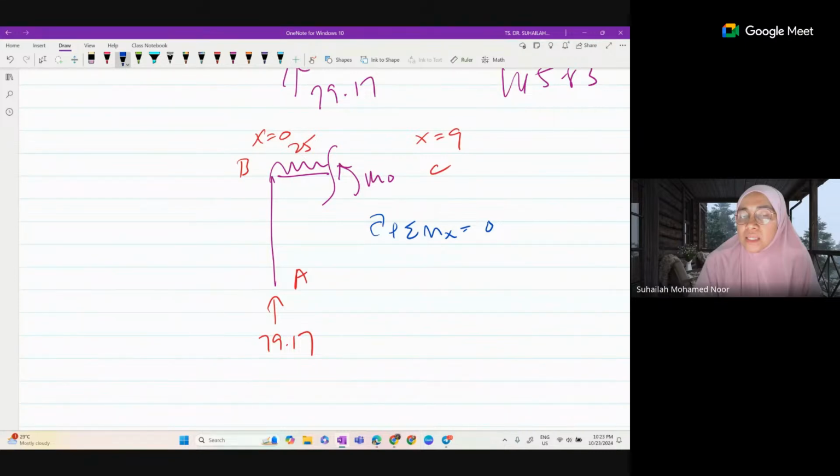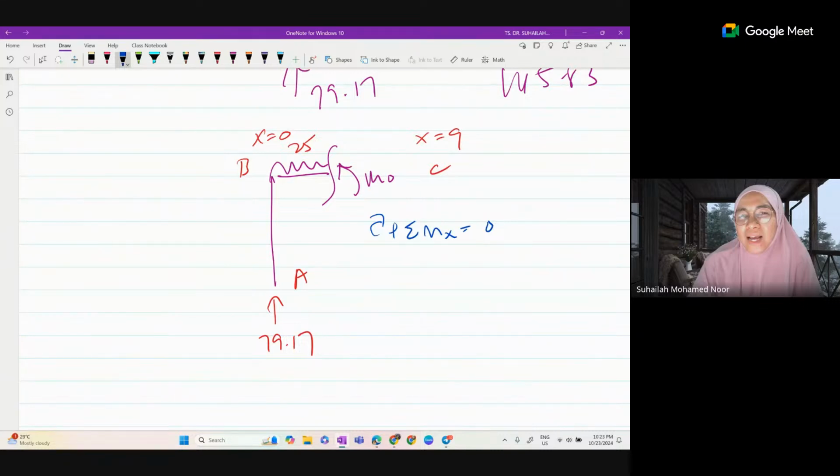We don't take moment at support. Tadi we take moment at support bila kita nak calculate reaction. Now we want to write moment equation. We have cutting section. So total moment at cutting section, total Mx is equal to 0.